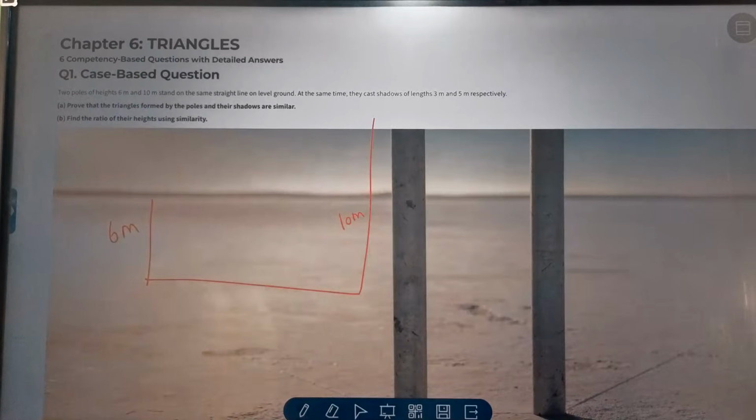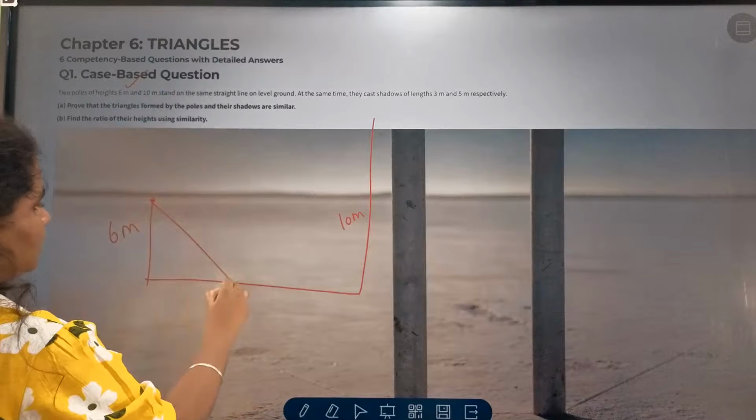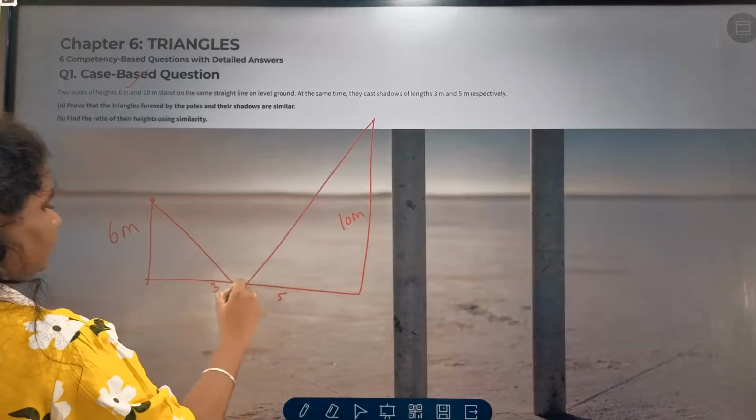Then at the same time they make shadows. So the 6 meter pole's shadow is 3 and the 10 meter pole's shadow is 5, right?